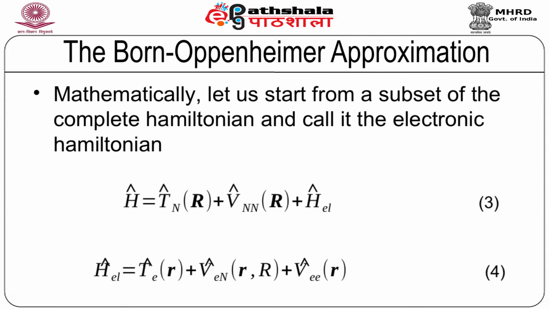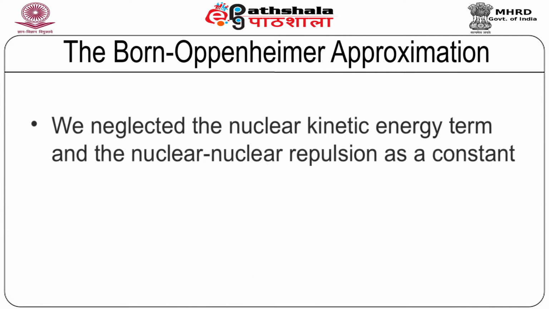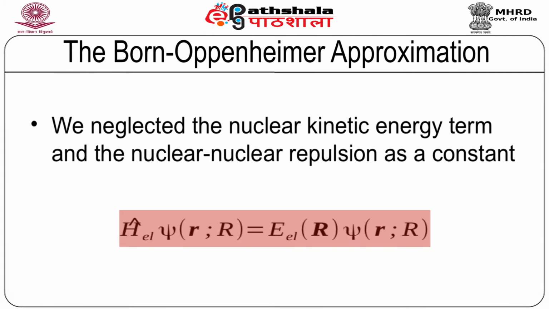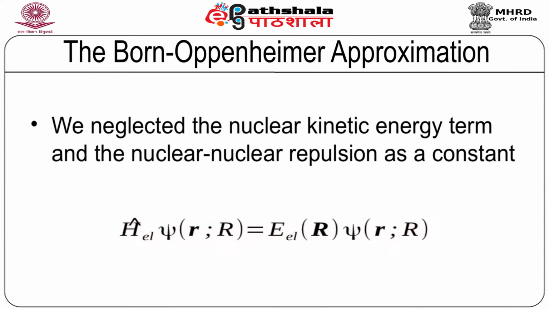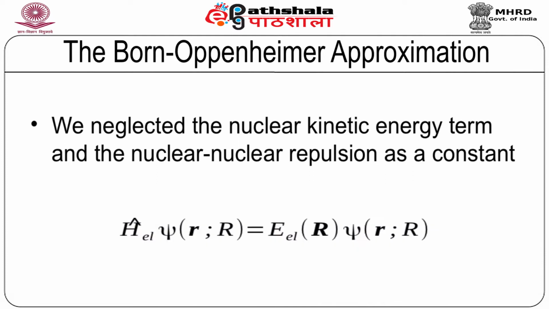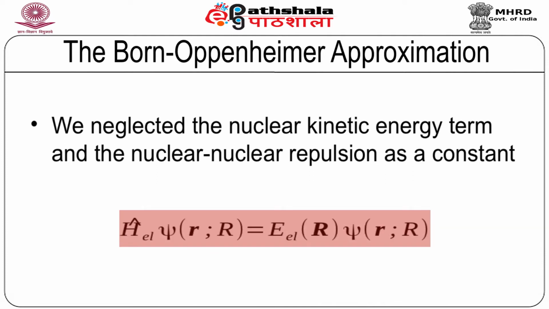In this electronic Hamiltonian, we have neglected the nuclear kinetic energy term and the nuclear-nuclear repulsion as a constant term. Now we can write the Schrödinger equation with this electronic Hamiltonian, and it will look like this equation: H_el ψ(r,R) = E_el(R) ψ(r,R).